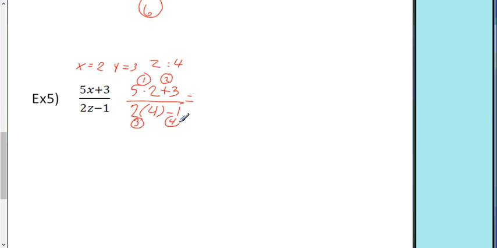And then don't forget at the end, I'm going to divide if possible, so that's going to be fifth. So 5 steps here. So let's do step 1. 5 times 2 is 10. So this is 10 plus 3 over 2 times 4 minus 1.